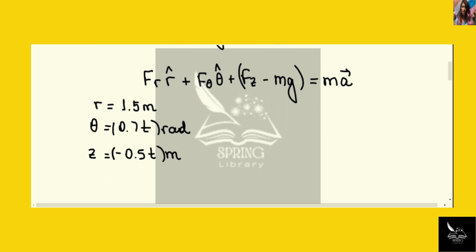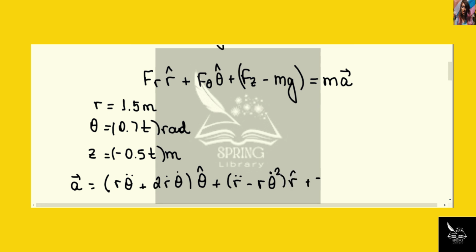So the acceleration, as I said before, is equal to r theta double dot plus 2 r dot theta dot, theta hat, plus r double dot minus r theta dot squared, r hat, plus z double dot z hat.